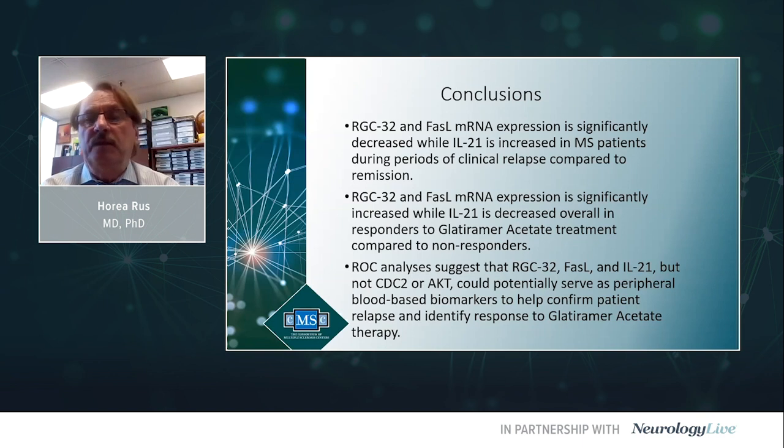And this is important because many times predicting relapses requires patients to undergo an MRI, and predicting response to therapy usually requires treatment for extensive periods of time in MS patients.